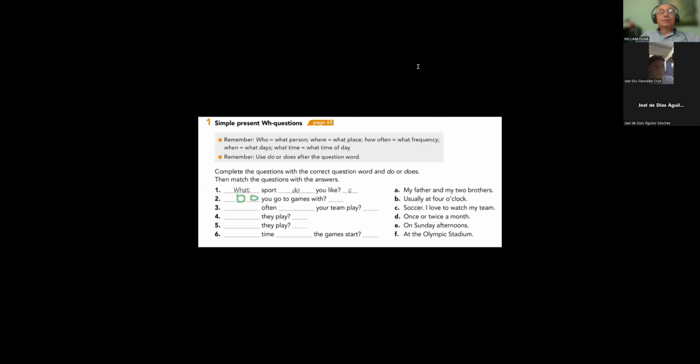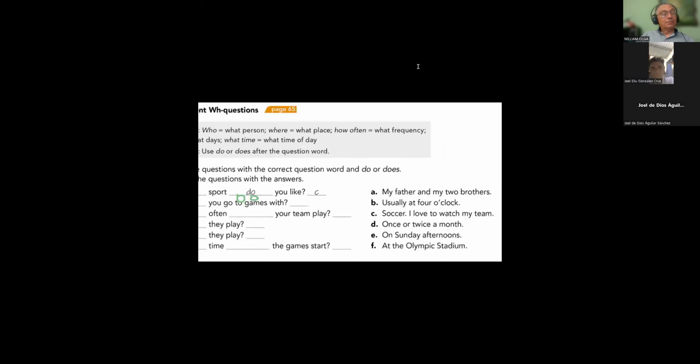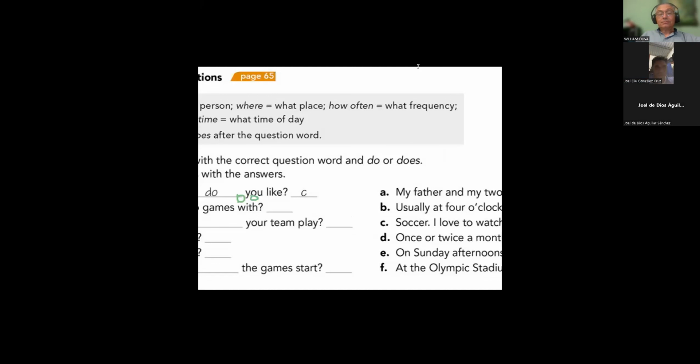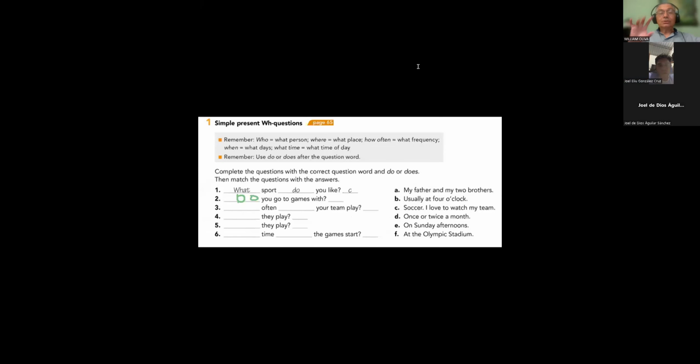No veo la letra. ¿Qué letra es? Do you go to games with? It's letter A, my father and my two brothers. Ajá. The number 3, how often do you play, your team play? Ajá, continue. It's once or twice a month.